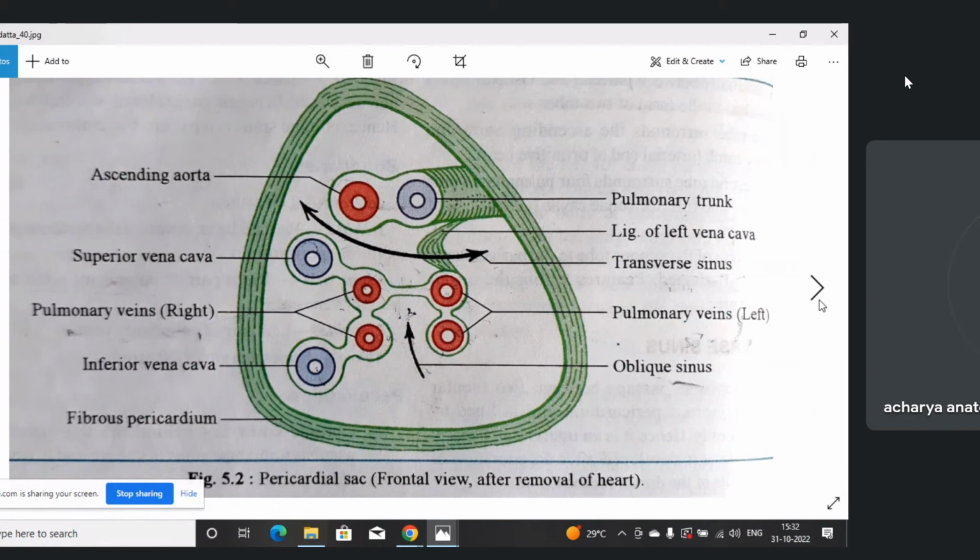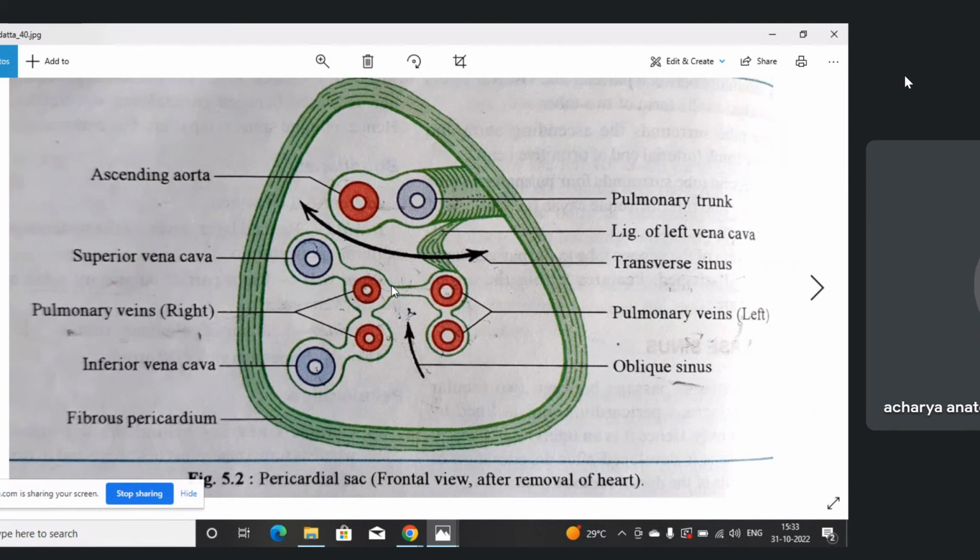Then you pass your finger here. Imagine you pass your finger.